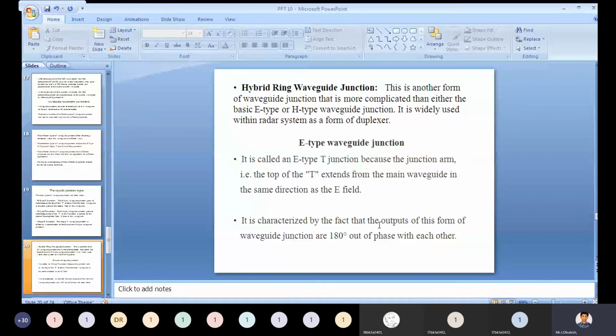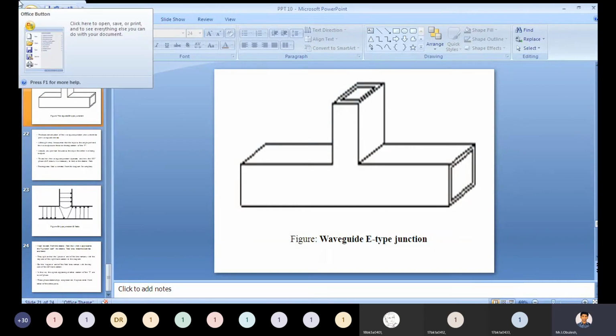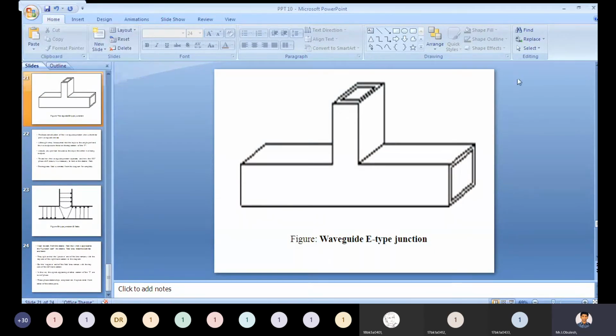It is characterized by the fact that the outputs of this form of waveguide junction are 180 degrees out of phase with each other. This is the E-type waveguide. You need to see the phase shift of this T is 180 degrees, right? You need to see that from this.